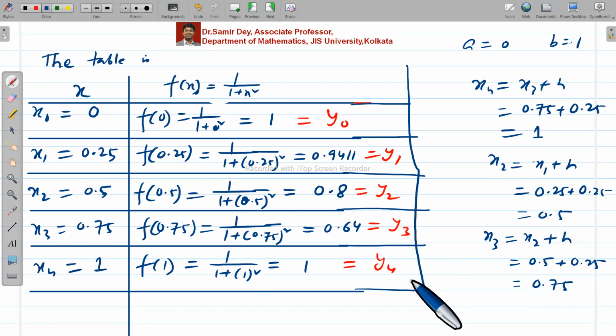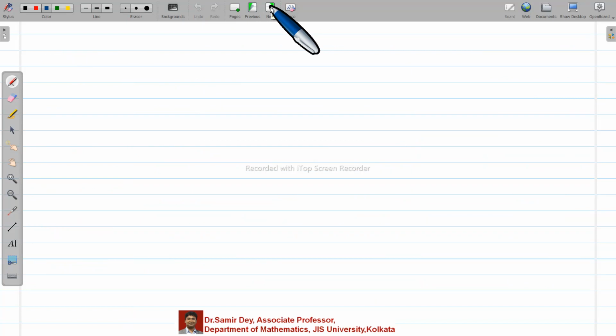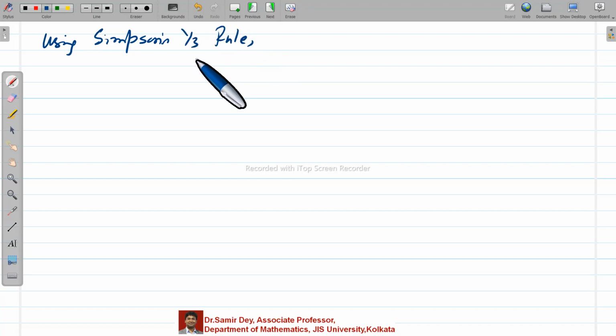Now we can clear the main part. First step is all about the information, second step is all about the table, third step you write down using Simpson's 1/3 rule, so 0 to 1.